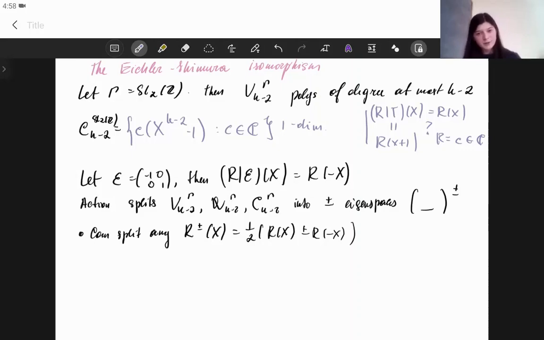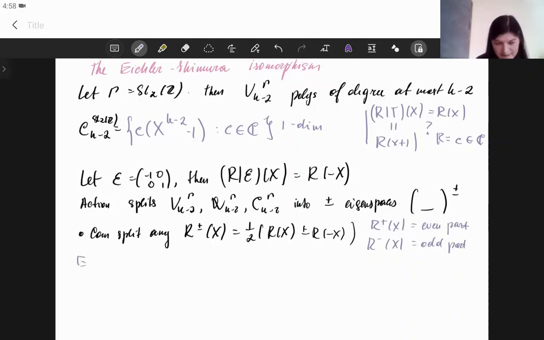On the polynomial side, we can also split any polynomial into its even part and odd part. So R plus of x is just the even part, where we just take the terms with an even power, and R minus of x is going to be the odd part.